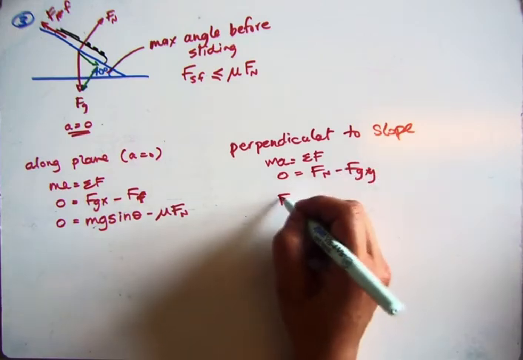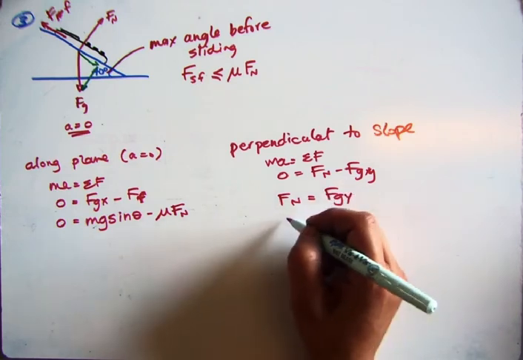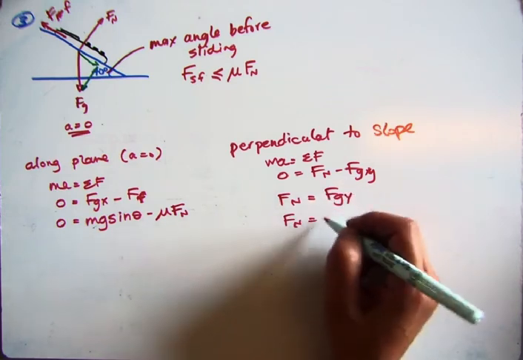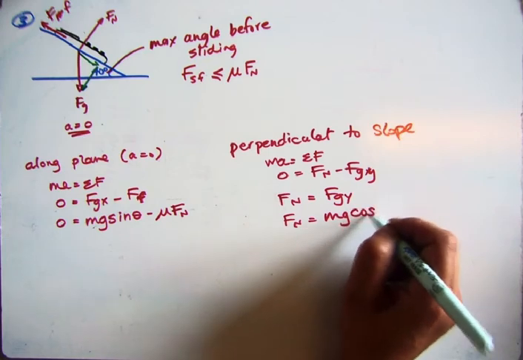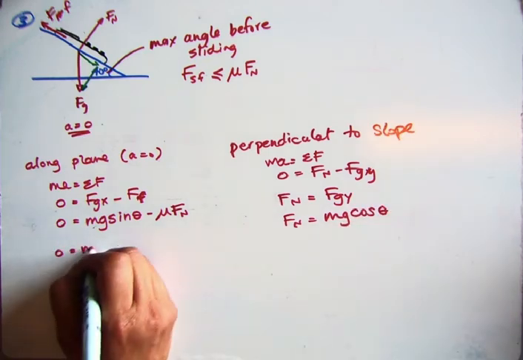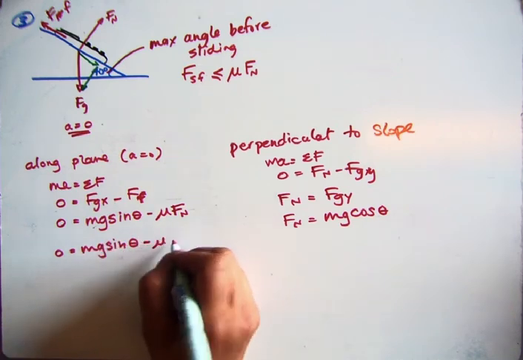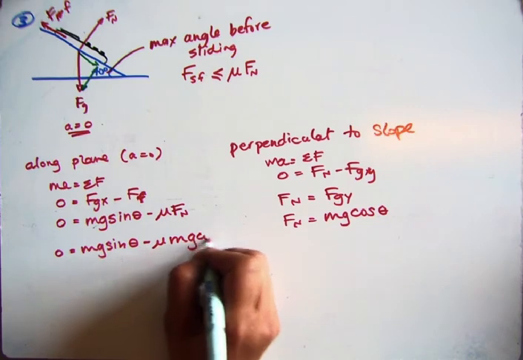So Fn is equal to Fgy, therefore Fn equals mg cosine theta. So back to this, we've got 0 equals mg sine theta minus mu mg cosine theta.